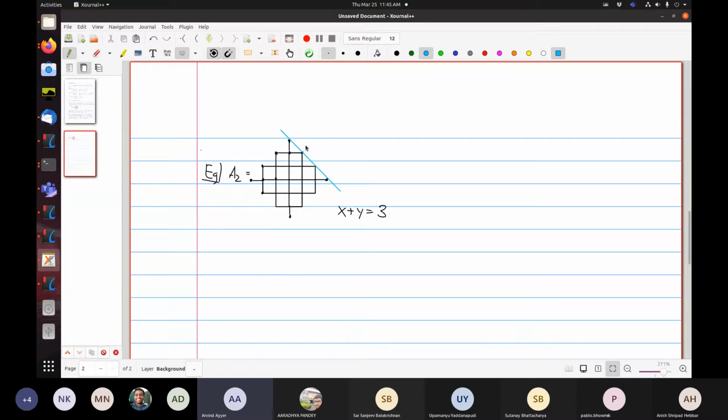All these lattice squares which we have not drawn are going to be white. So let me color this. This is going to be black, this is going to be black.